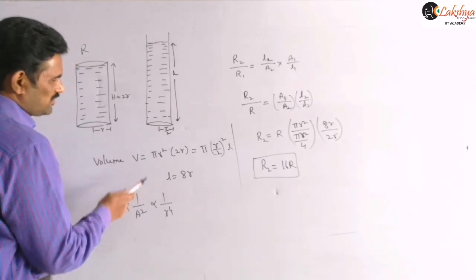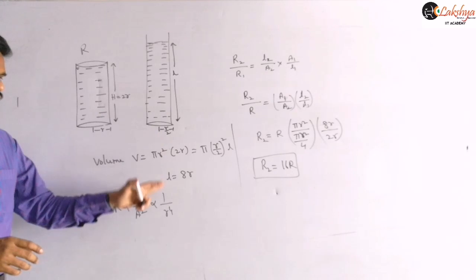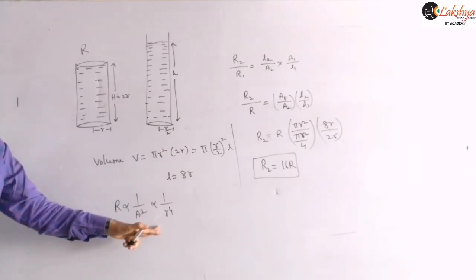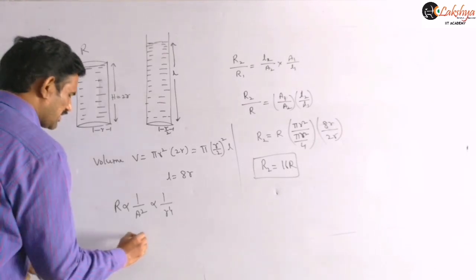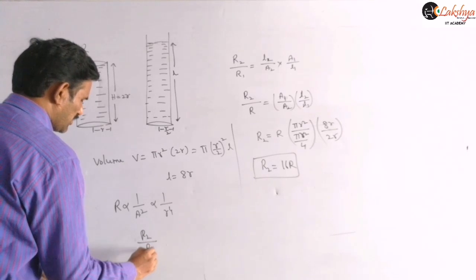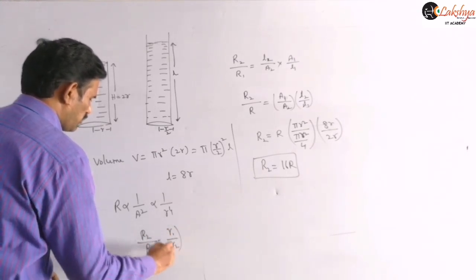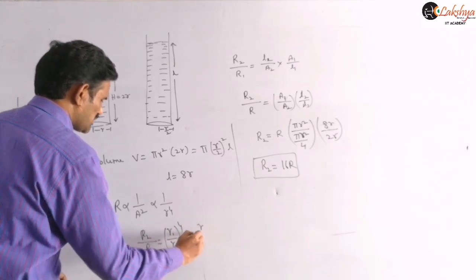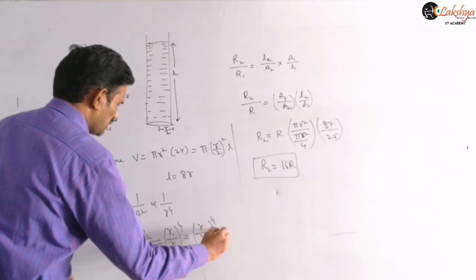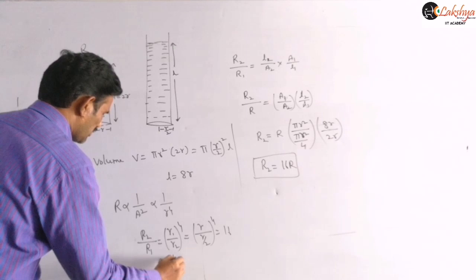Here the radius of cross section is decreasing by 2 times, so the resistance will increase by 2 power 4 times. Directly, R2 by R1 is equal to R1 by R2 whole power 4, which is R by 2 whole power 4, which is 16. Therefore R2 is equal to 16R.